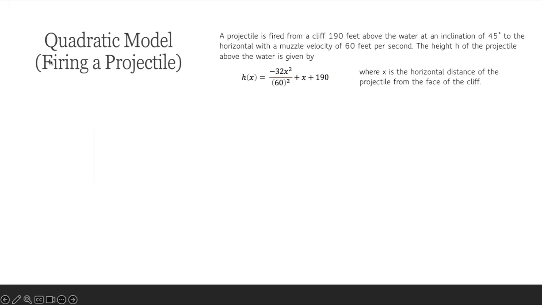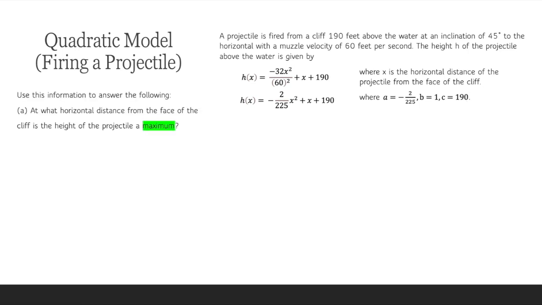Okay, so then I just rewrite the same equation with the simplification. And now I know that my a is negative 2/225, my b is 1, and my c is 190. Okay, so now I have the problem, and then I can answer a few questions.